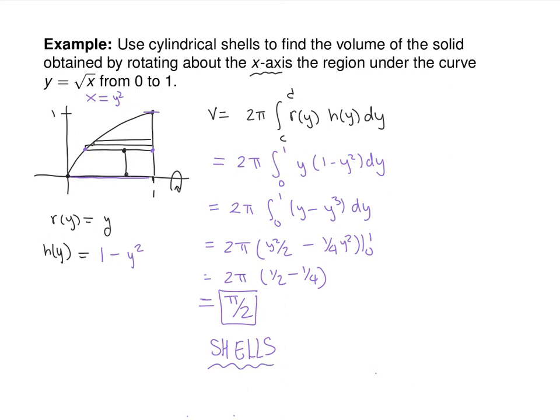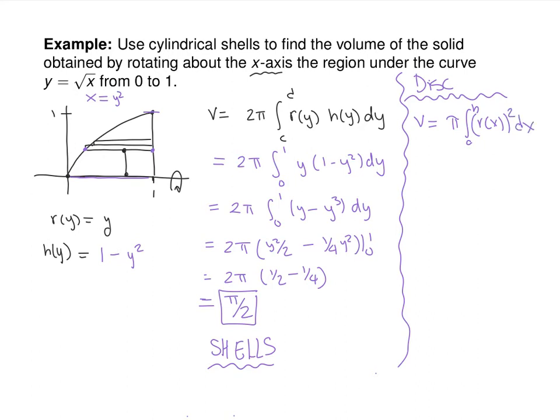Just to show you the difference, let's show you what the disk way would do, and that does yield the same result. The disk method would be the volume is pi integral a to b radius squared. And in that case, we're slicing perpendicular to the axis of rotation like this. Notice that the radius is just root x.